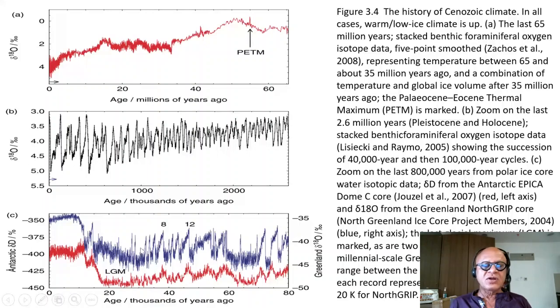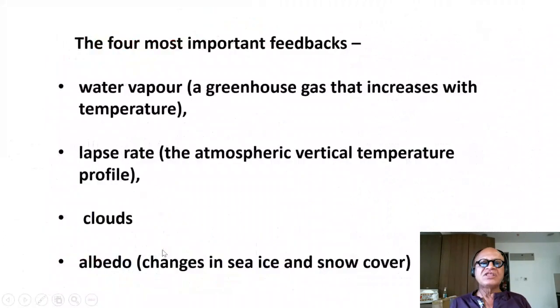There are decadal to century timescale wiggles, which are called Dansgaard-Oeschger events. There are also stadials and interstadials. There are colder events within that called Heinrich events, which are known for releasing glaciers into the North Atlantic and so on.